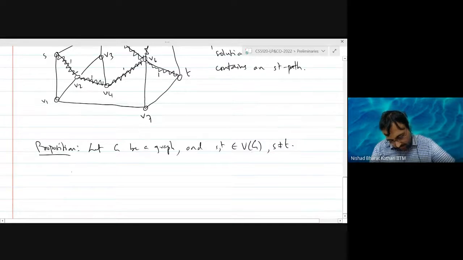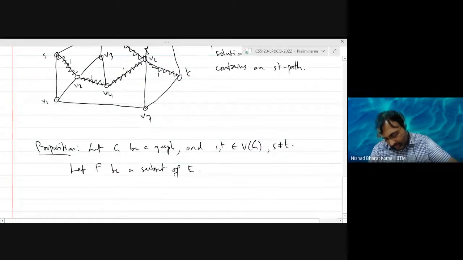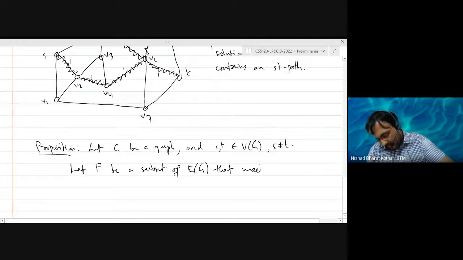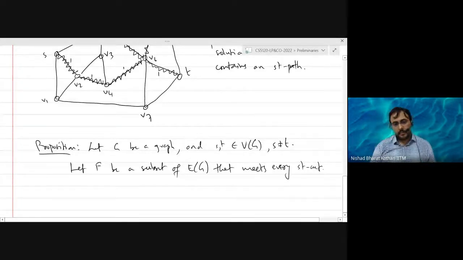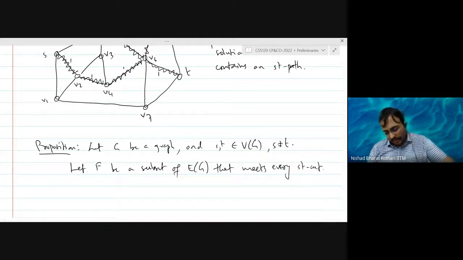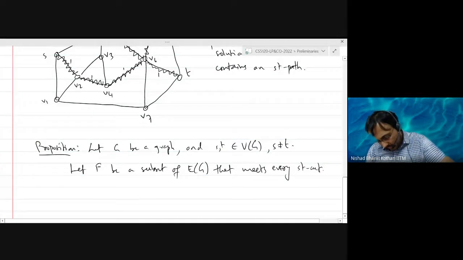Let F be a subset of the edges that meets every ST cut. Okay, so that means non-empty intersection.